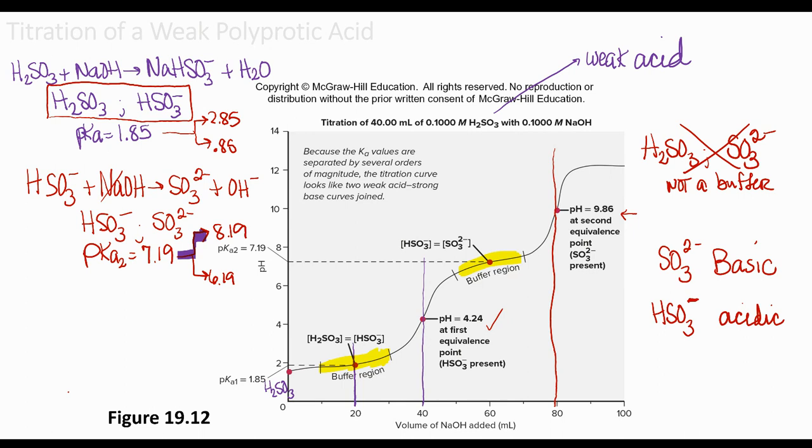The other thing you should notice is that to find the pH at an equivalence point, I could take the equivalence points and average them. Or if I know the two pKa's, like here, I could find the pH at first equivalence point by taking 1/2 of 1.85 plus 7.19.